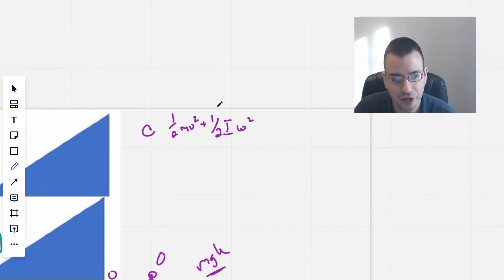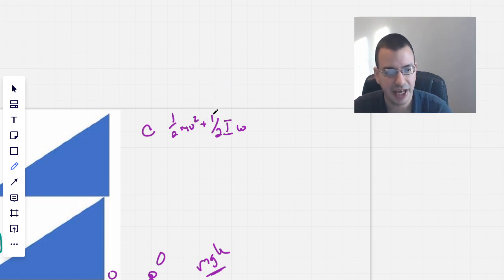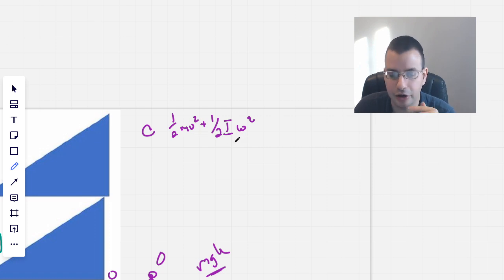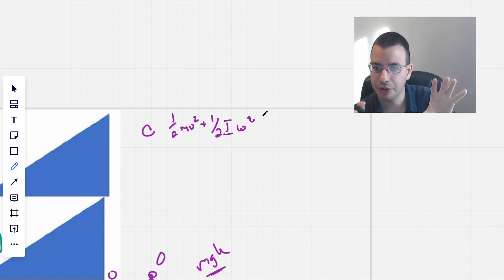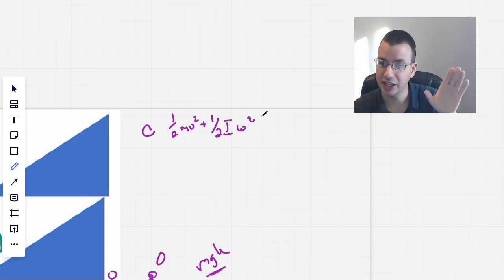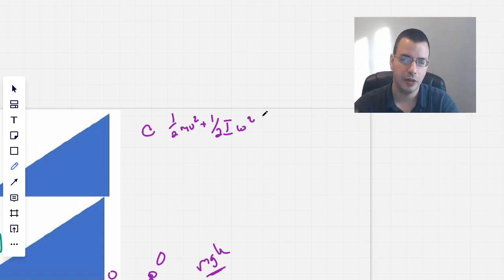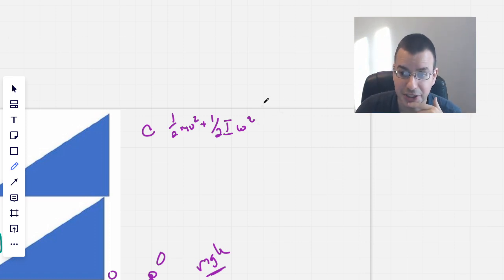And if you notice, this is basically the same equation between the two, but instead of mass, we have I. Instead of velocity, we have angular velocity. And you'll see that there's an analogy between all the two. So if you're a crazy good expert on kinematic equations and just linear motion, then angular is much, much easier. If you're kind of flaky on linear, then angular is going to throw you for a loop.